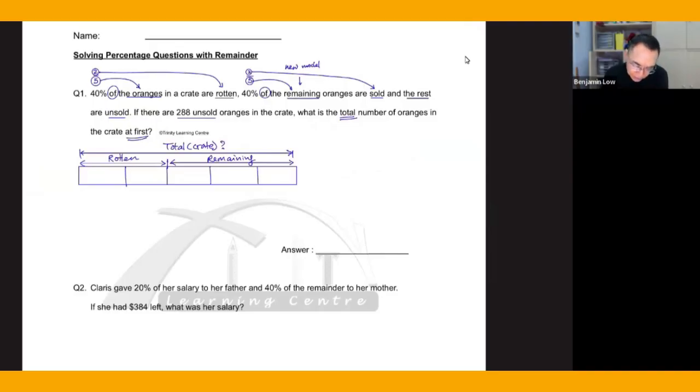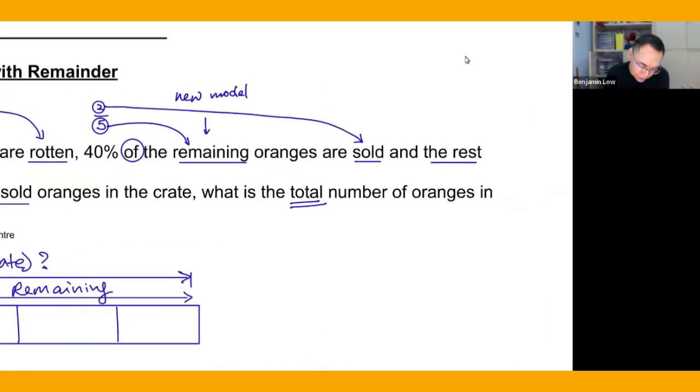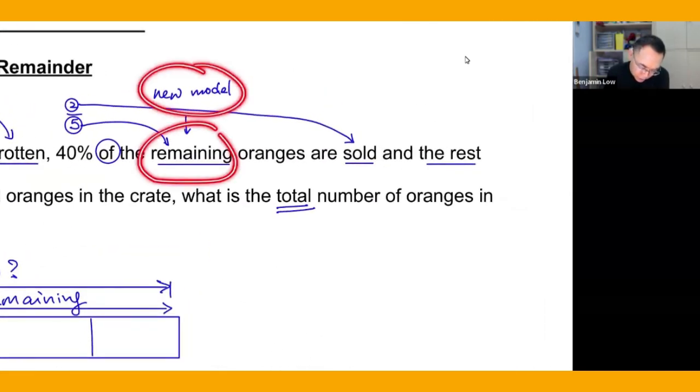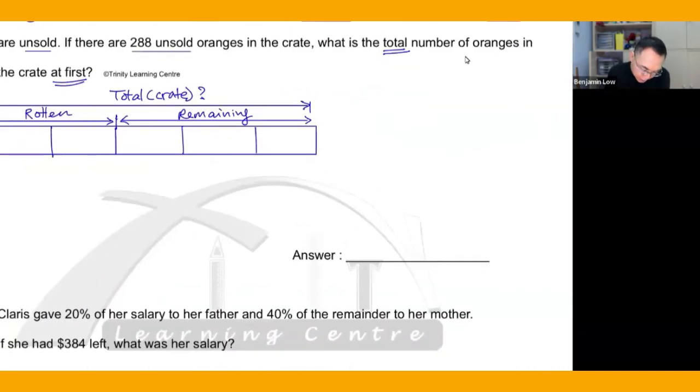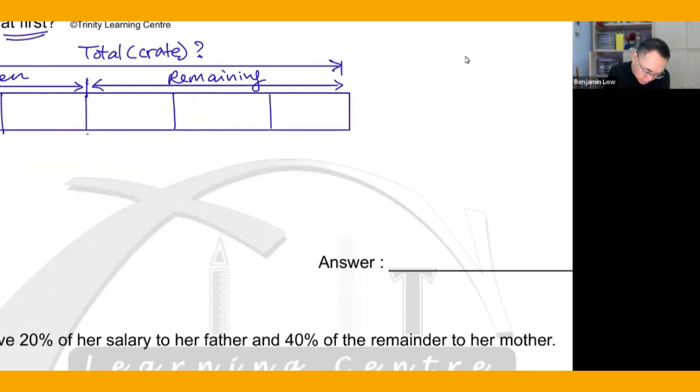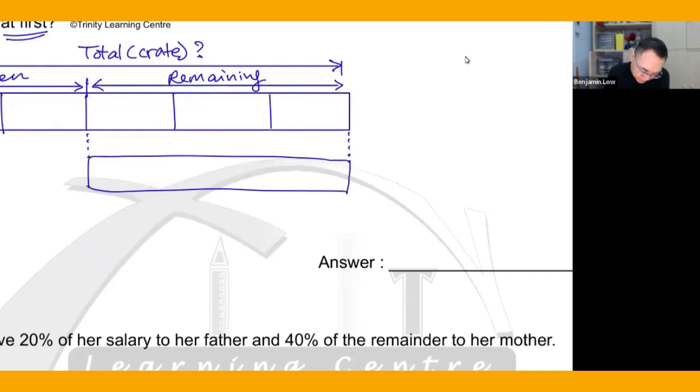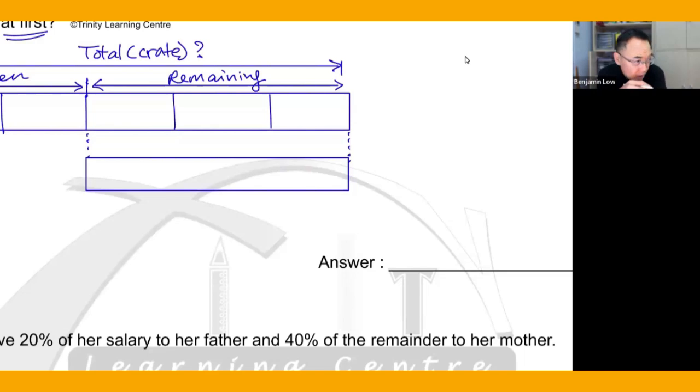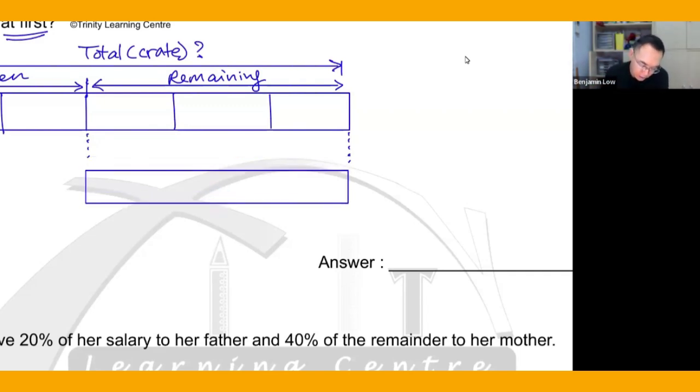Now, remember that when I told you just now, when you see the word remaining, you have a new model. So what that means is you got to take your first model and bring it down. Plus, please remember this because I'm going to ask this over and over again, what I just said here about this part, the remainder. Okay, I will say this and I will ask this at least 20 times from now to your PSLE. What? Okay, I always ask this question because it is an important part of modeling.